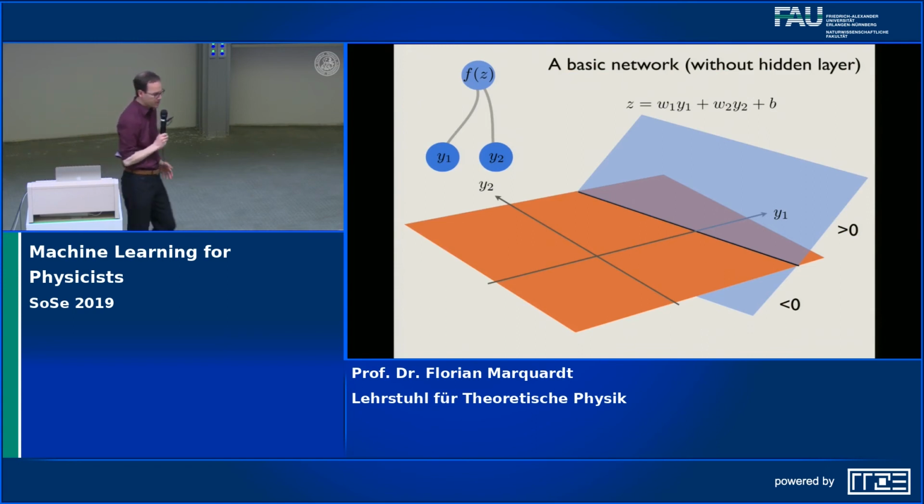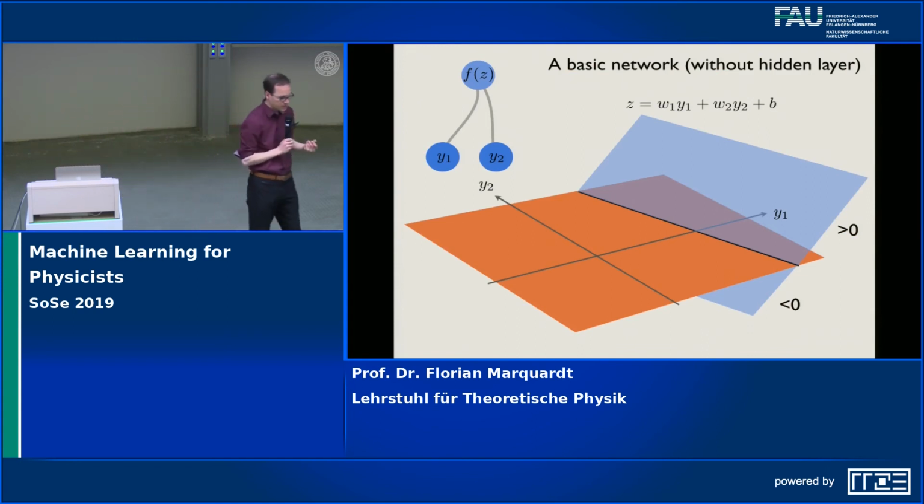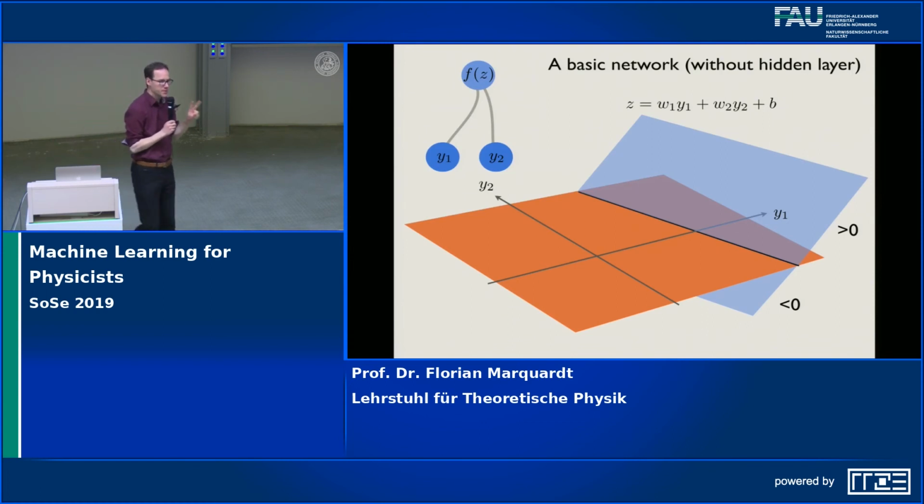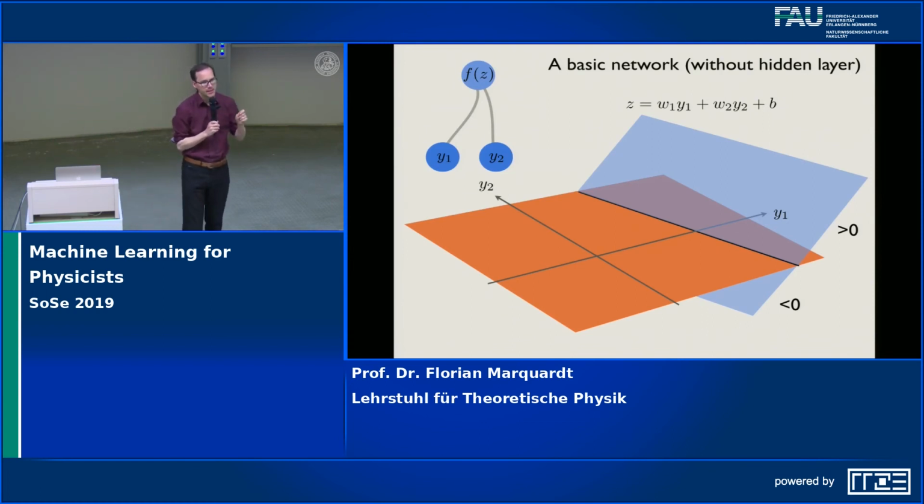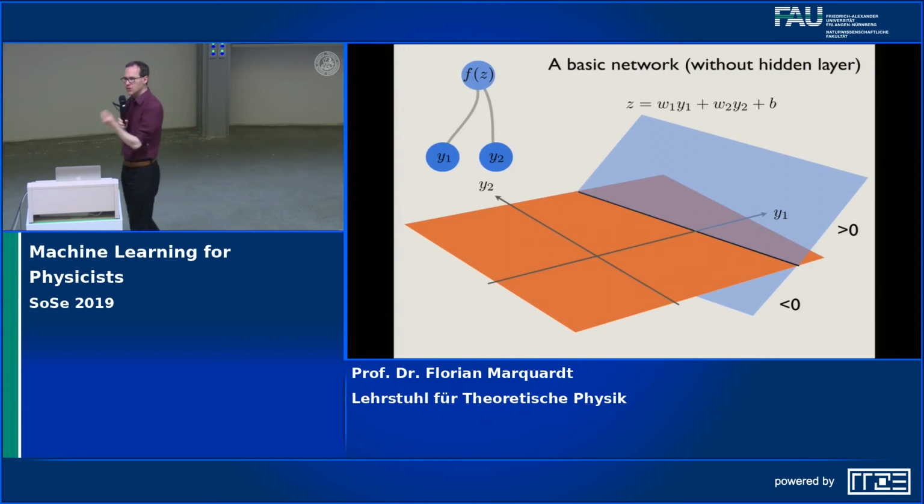It's very good to think of these networks also a little bit in graphical terms. For example, if I have only 2 input neurons, then I can represent their values in a 2-dimensional plane. So any combination of these 2 values defines a point in the 2-dimensional plane.